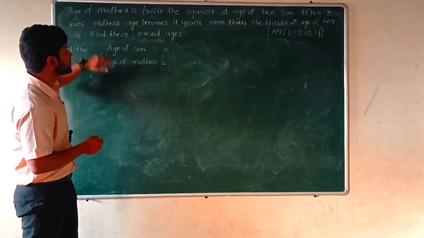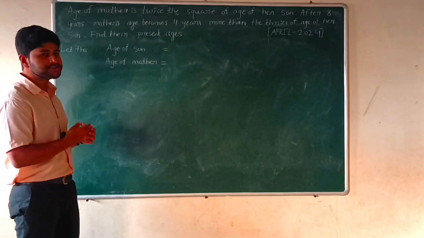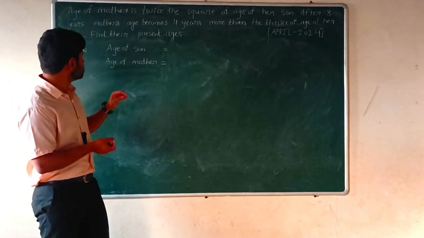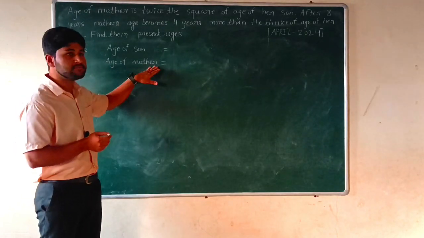So, age of mother is twice the square of age of her son. We have to first understand this sentence. What does this mean? This means that if we know the age of son, we can easily find the age of the mother.